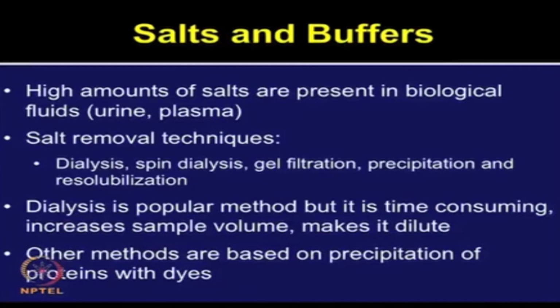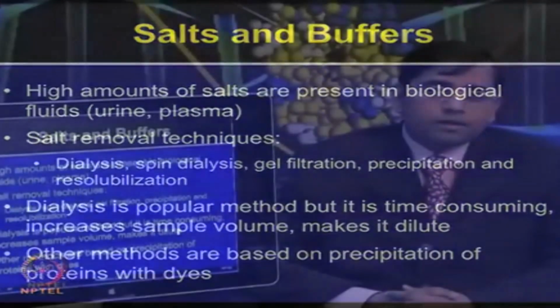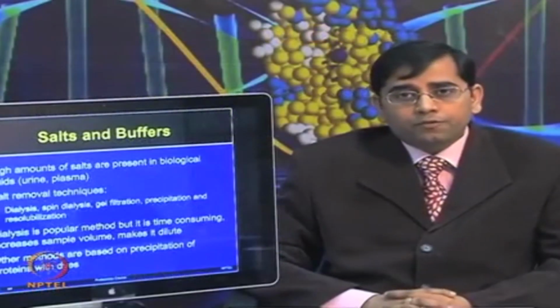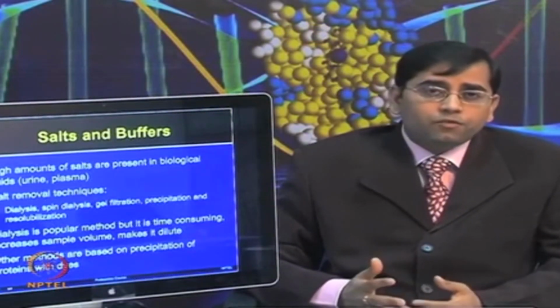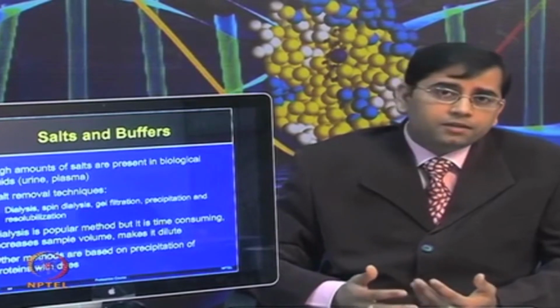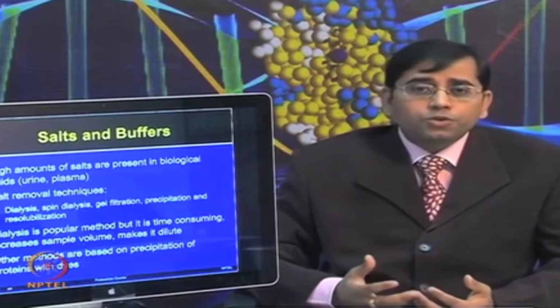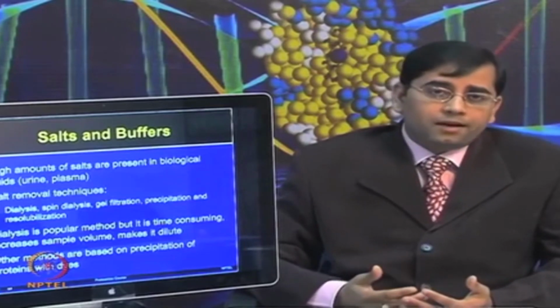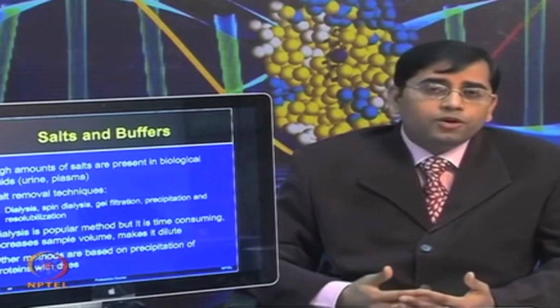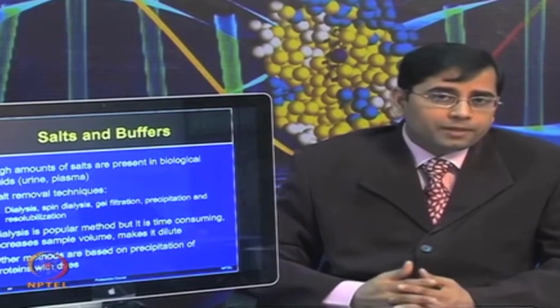For example, biological fluids such as urine, plasma or serum are already very rich in salt content. Similarly, there are different types of plant cells which are quite rich in salt content. So, if you want to remove this salt, you have to follow different salt removal methods.